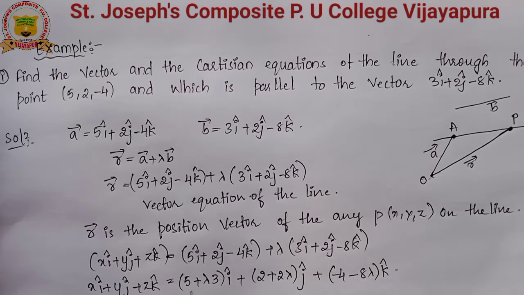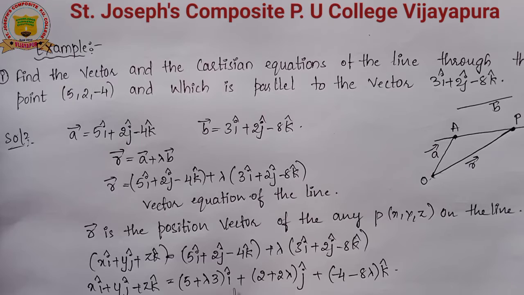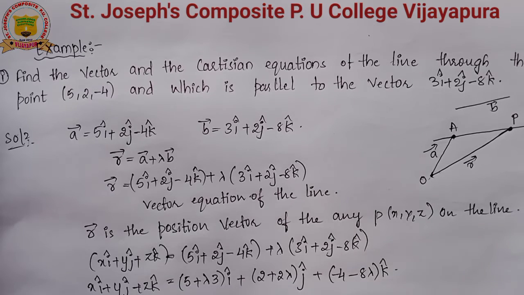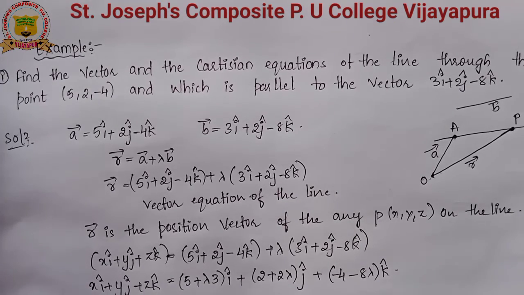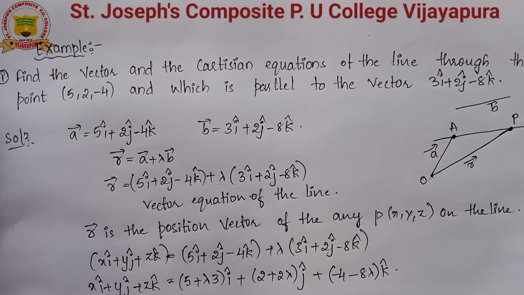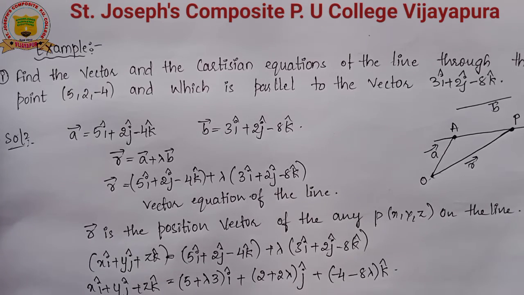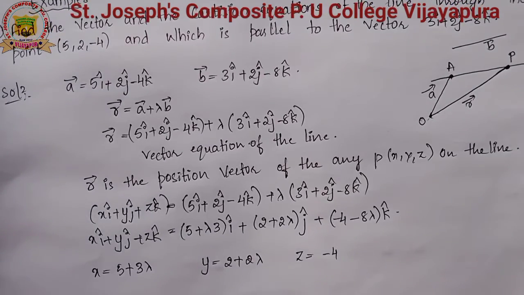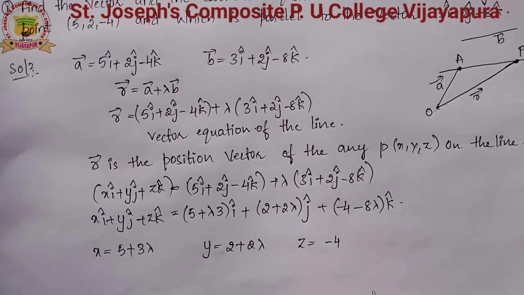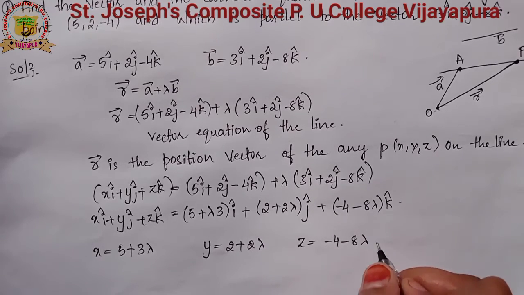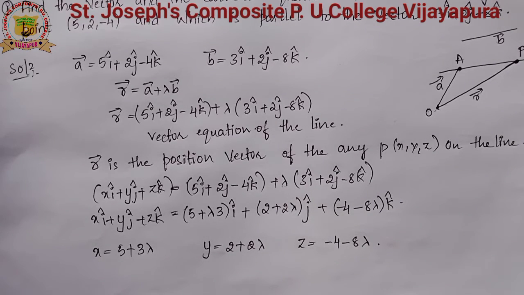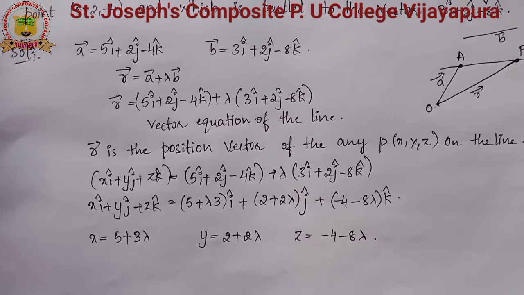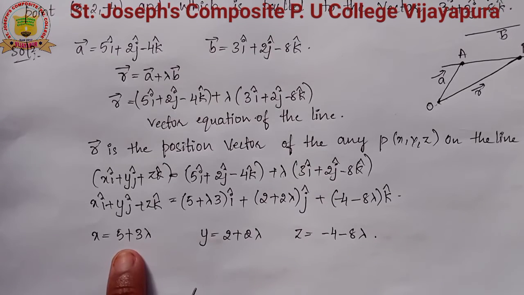Now equating the coefficients of vectors i, j and k on both sides, you will get x = 5 + 3 lambda, y = 2 + 2 lambda, and z = -4 - 8 lambda.